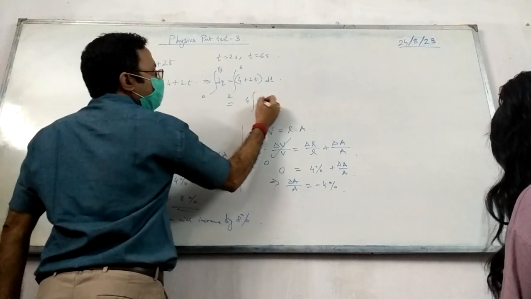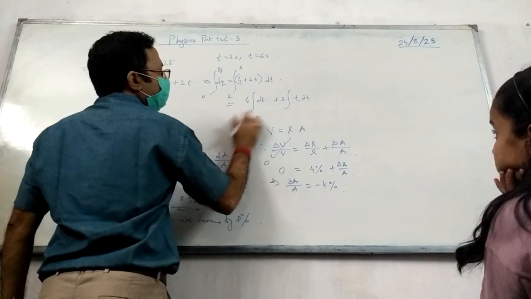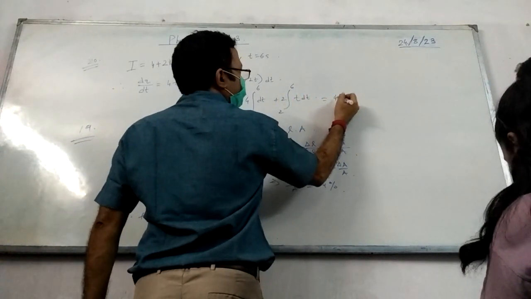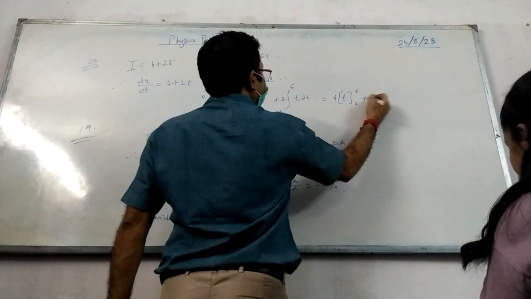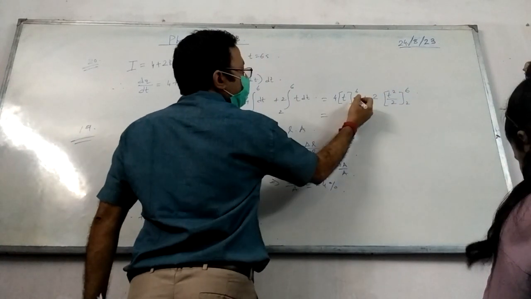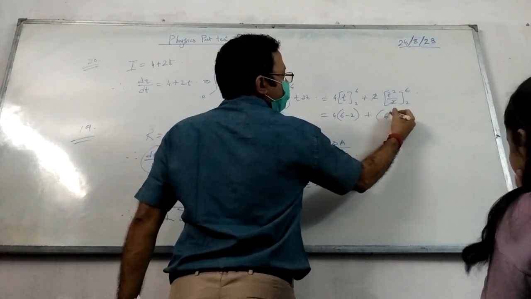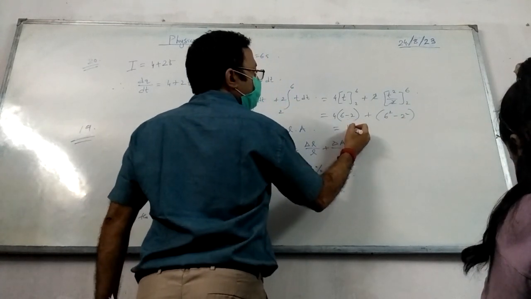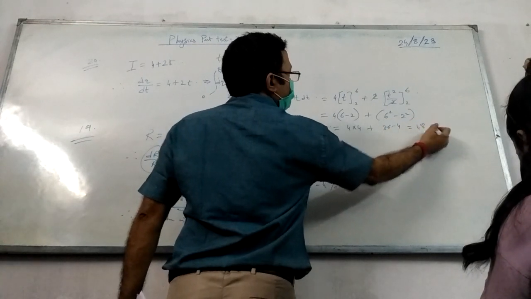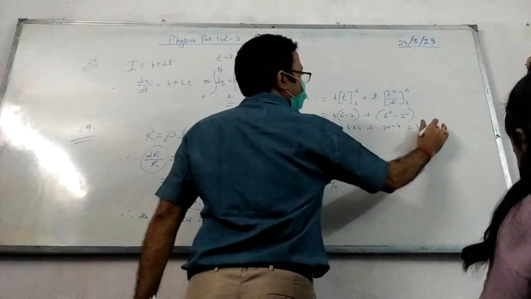So 4 integration of dt plus 2 integration of t dt, दोनों ही 2 to 6 seconds. dt का इंटीग्रेशन t होगा तो 4t from 2 to 6 plus 2 into t square by 2 from 2 to 6. तो ये क्या हो जाएगा 4 into 6 minus 2 प्लस इधर 2 को कैंसिल हो जाएगा 6 square minus 2 square. Coulombs.